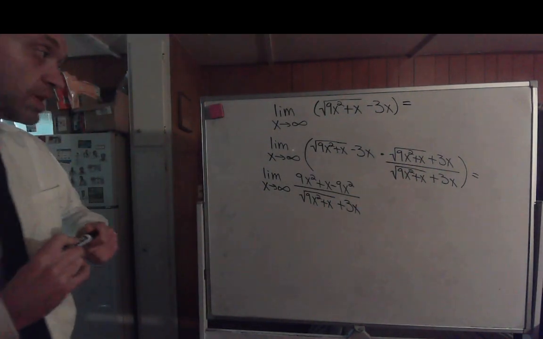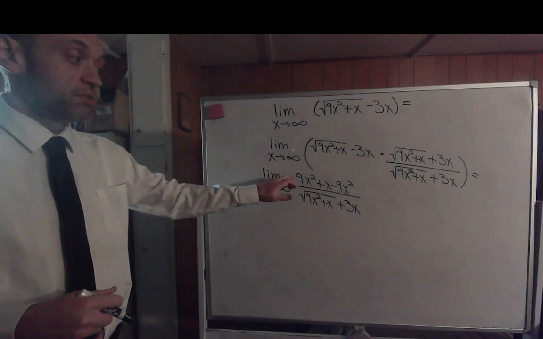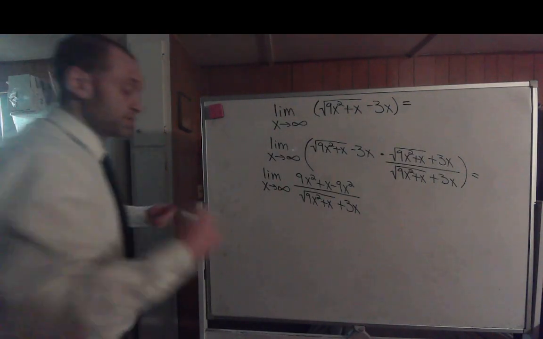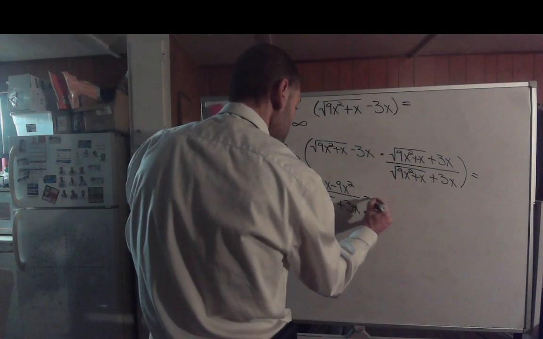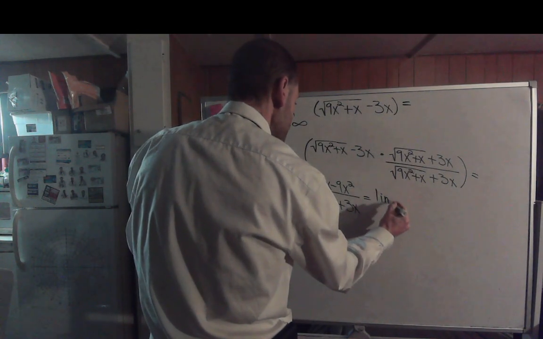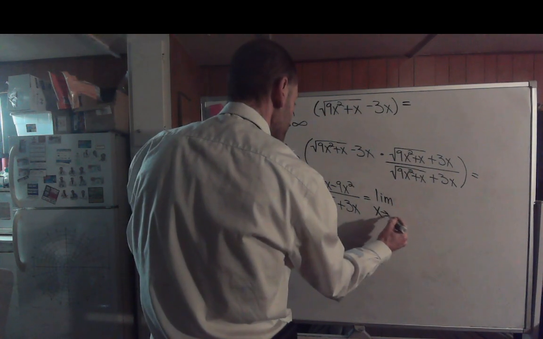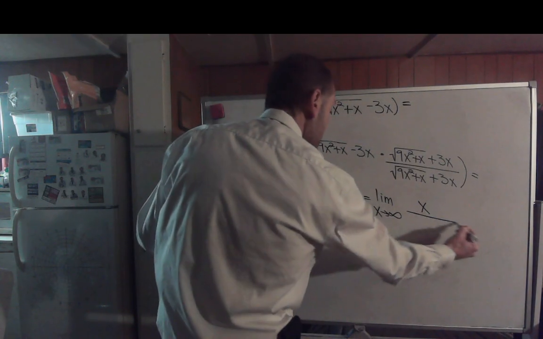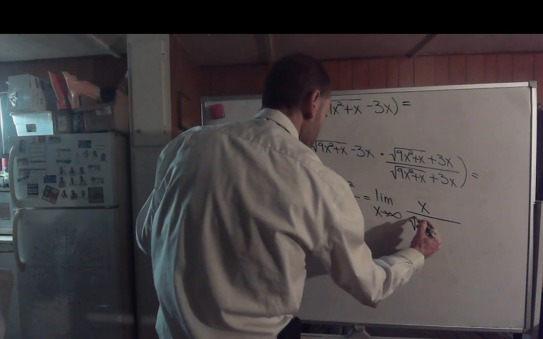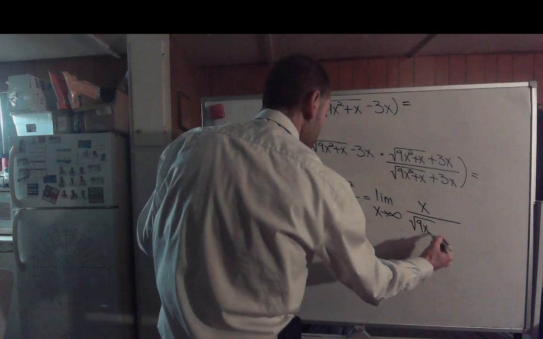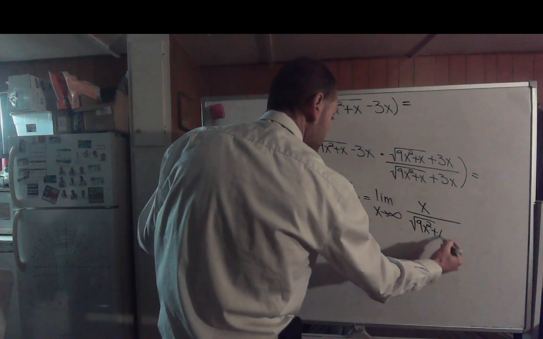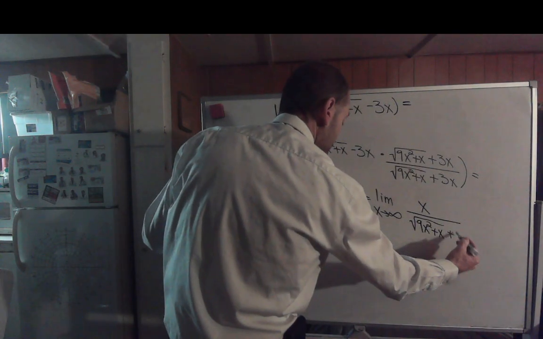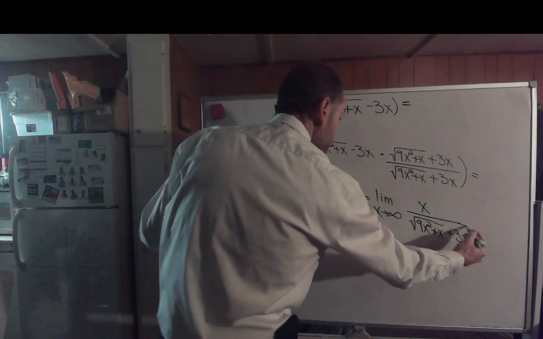Well, the numerator will simplify one step further. This is going to turn into the limit as x approaches infinity of x, all over the square root of 9x squared plus x, then plus that extra 3x.